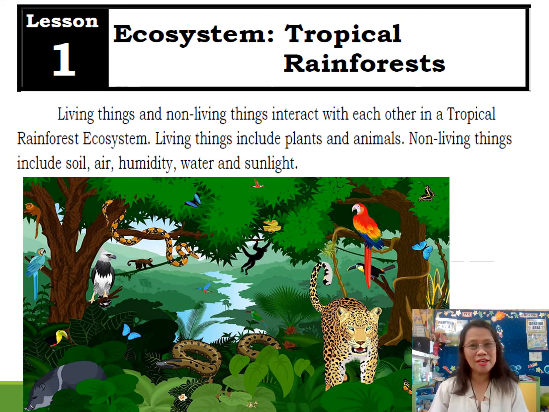As you can see on the illustration, there are lots of animals present, like the snakes, the monkeys, the birds, the butterflies, the wild pig, and lots of different species of plants. Then the non-living things are the river, the air, the water in the river, and the rain when it rains. Those are the non-living things found in the tropical rainforest ecosystem.